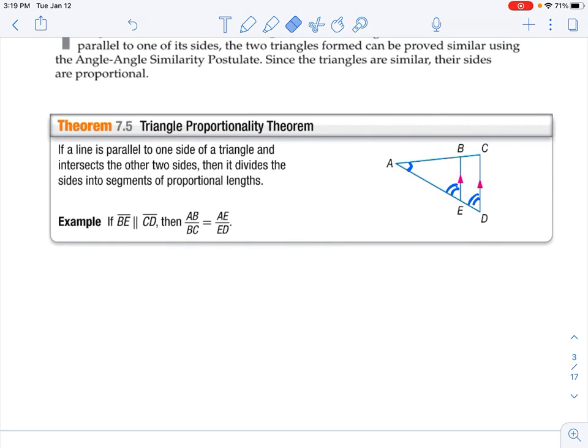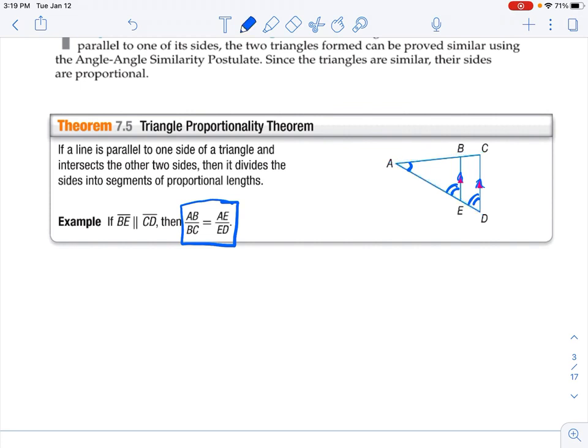So if a line is parallel to one side of a triangle and intersects the other two sides, then it divides the sides into segments of proportional lengths. So we have two parallel sides. They cut the other sides.